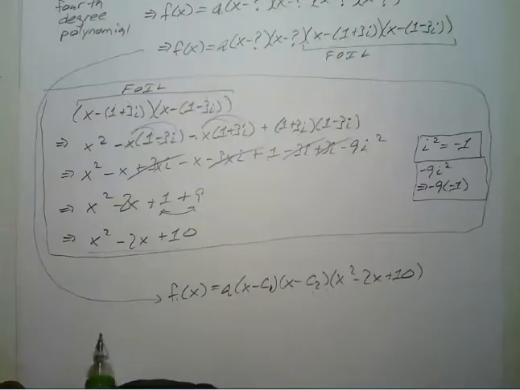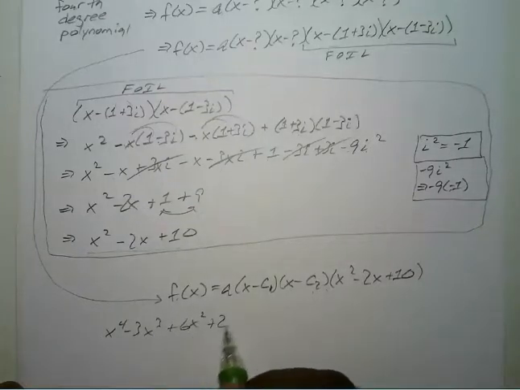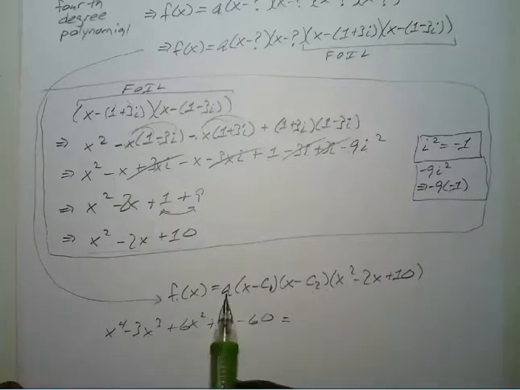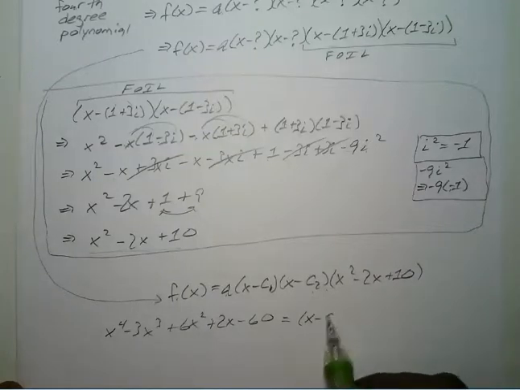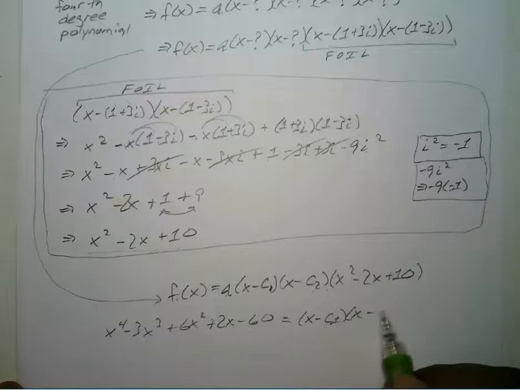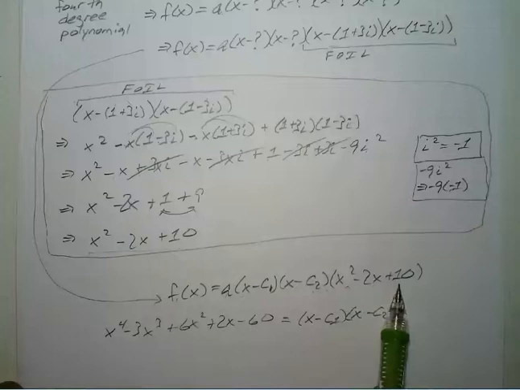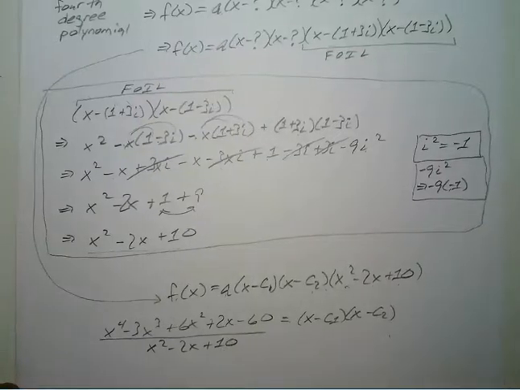This f of x is equal to, and for now we're going to leave the a out because we just want to see x minus c sub 1, x minus c sub 2. If we divide both sides by x squared minus 2x plus 10, it will cancel out on the right, and it would just be x squared minus 2x plus 10.